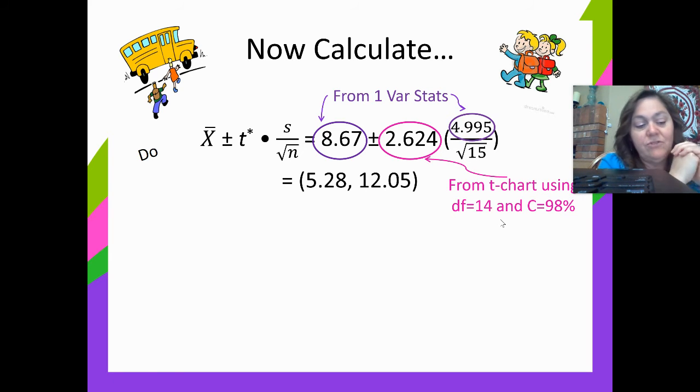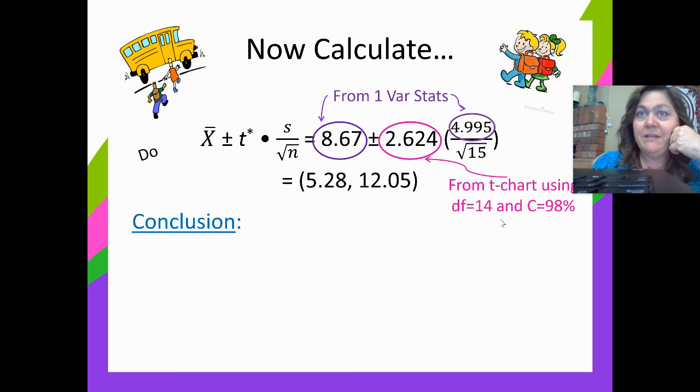So make sure you have your chart in front of you still. Go down to df 14, go across and find that CI, the confidence level of 98%. Follow that up and you'll see 2.624. Okay. Doing the math for this, I get my confidence interval as you see it here.